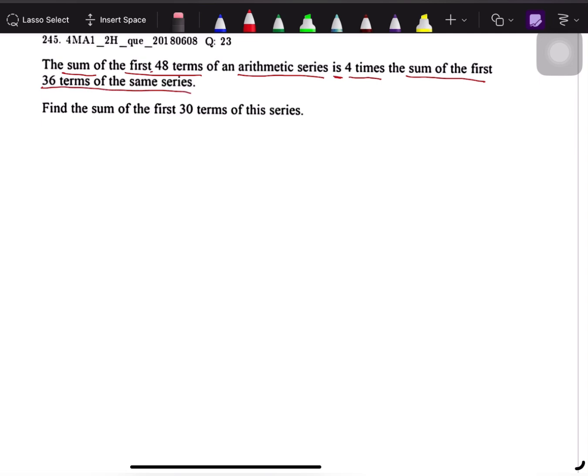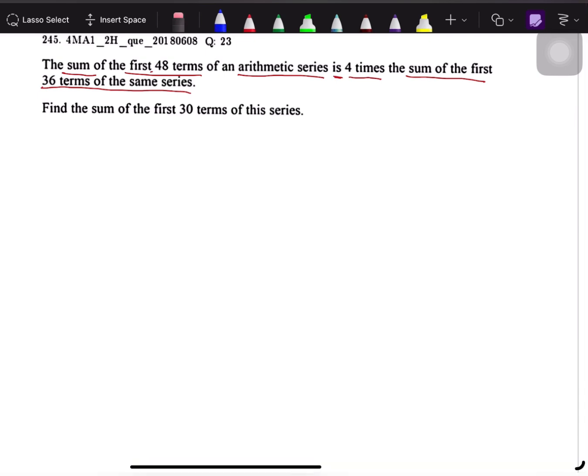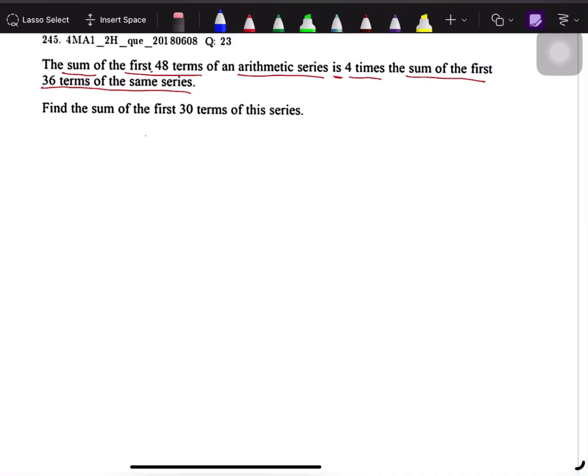If I write it in terms of a mathematical equation, sum of first 48 terms means S48, and S48 is 4 times, means 4 multiplied by the sum of the first 36 terms, S36. This is the relation which he has given us.